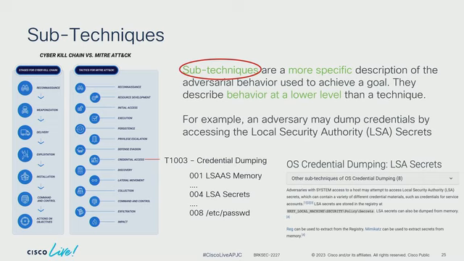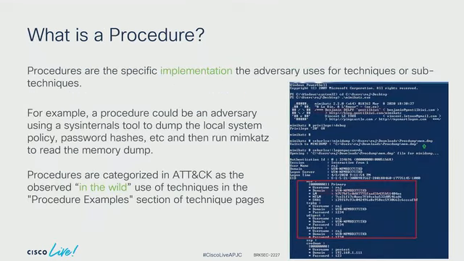That's the last P in TTP, right? So that's the sub-techniques, and again, the procedures. These are things that we see in the wild. They could be tools like Mimikatz or whatever, Sysinternals has some, all kinds of stuff out there that you can find, okay? So this is the implementation that the adversary uses to do the tactic.